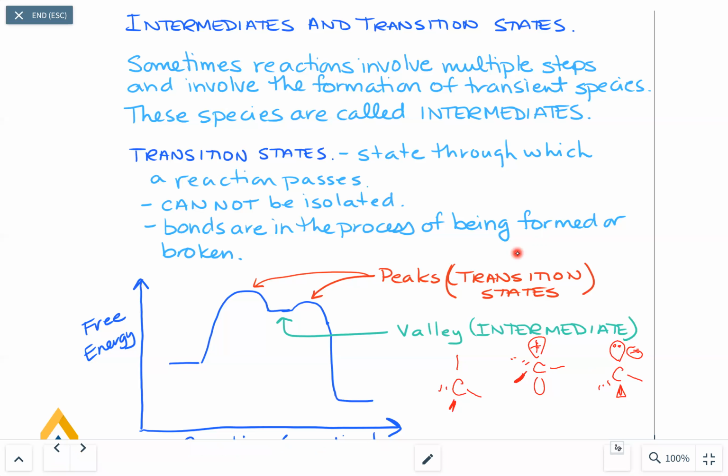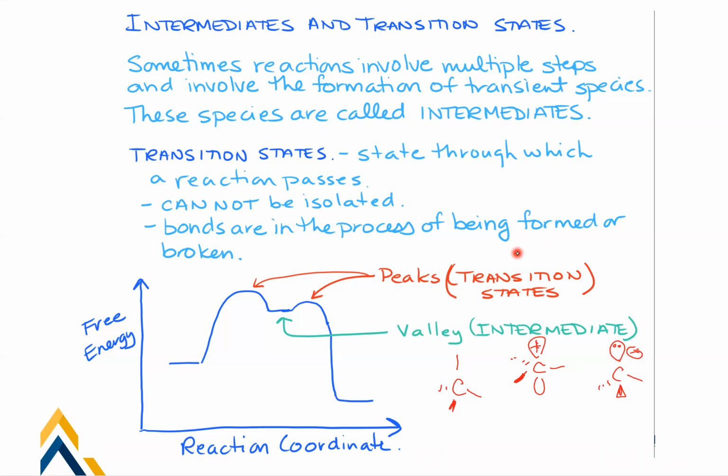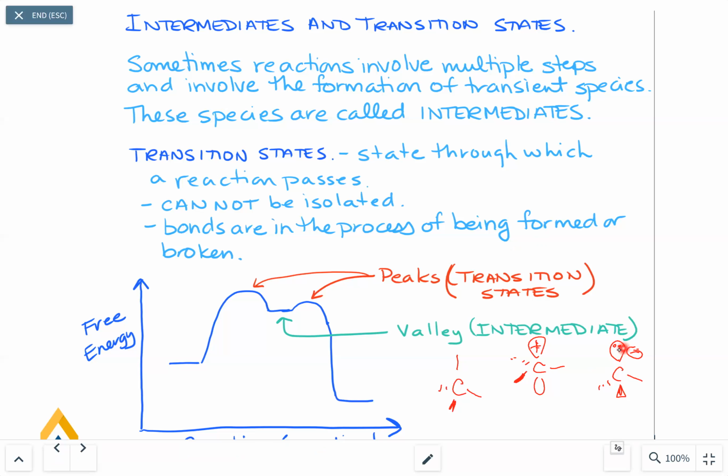Right, the carbon with the lone pairs. Because remember, carbon is not very electronegative. It doesn't want a negative charge. It would prefer to just have four sigma bonds and have all of those electrons shared equally with whatever it's bonded to.